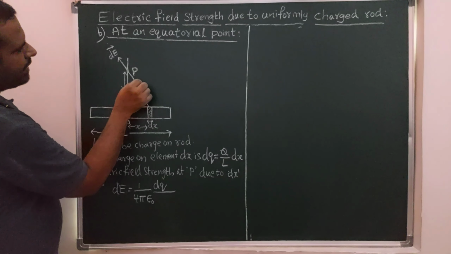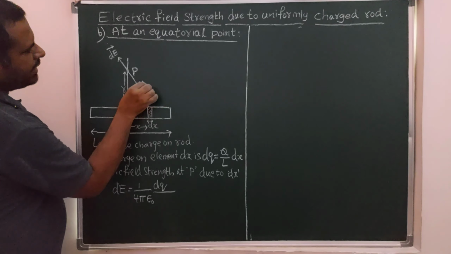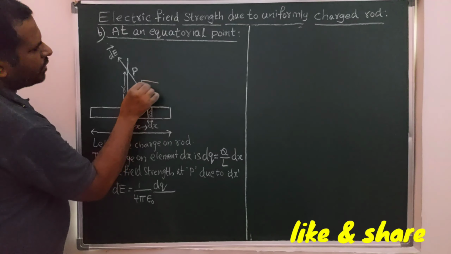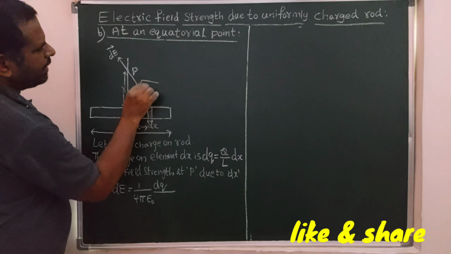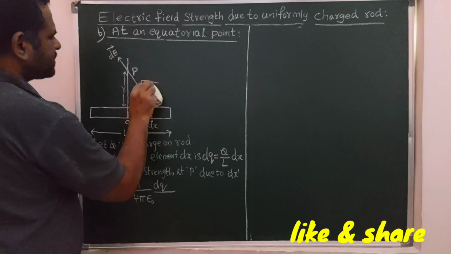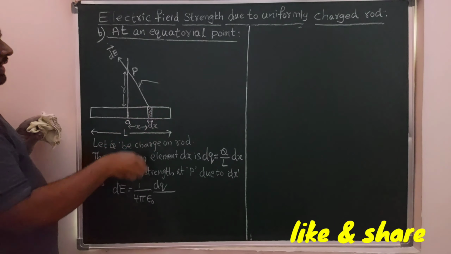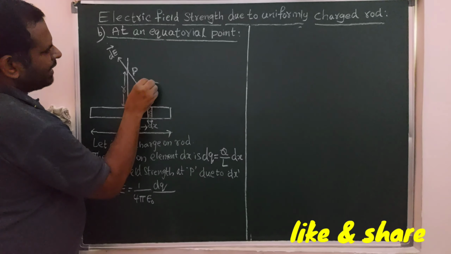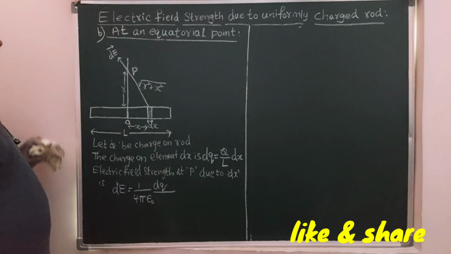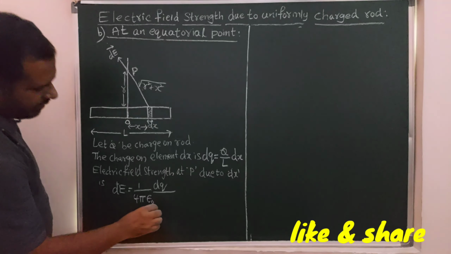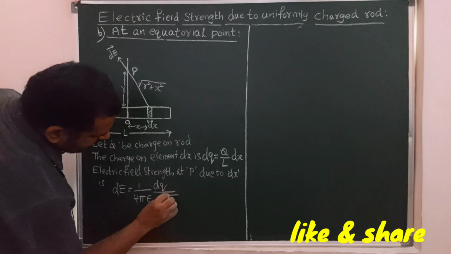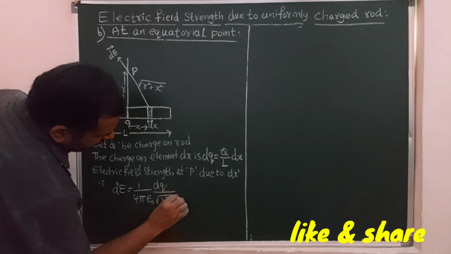This is x, this is r, so the distance is under root of r square plus x square.